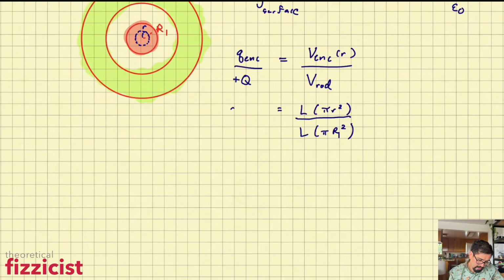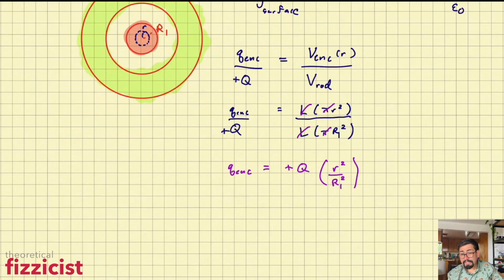Good. So then we can get the charge enclosed here, plus Q. Let's go ahead and cancel off the relevant prefactors, so L goes away, pi goes away, good to go there. And so we get Q enclosed has to be plus capital Q r squared over r1 quantity squared.